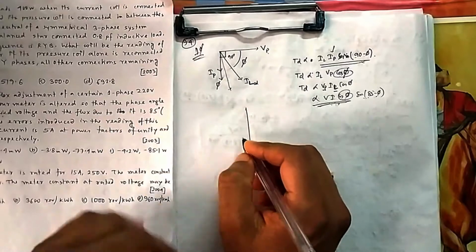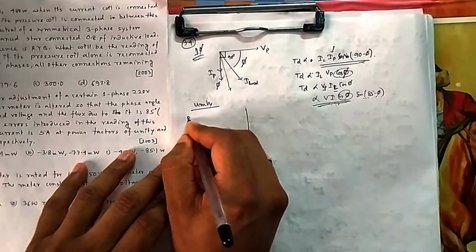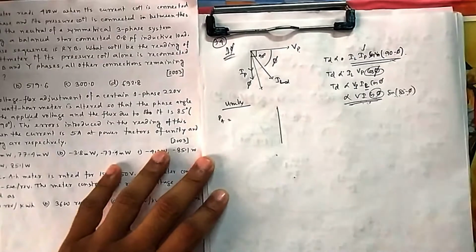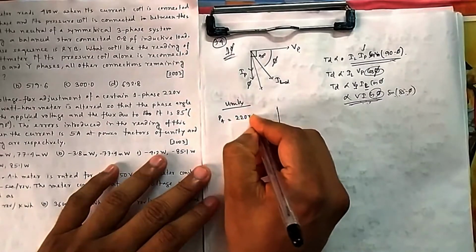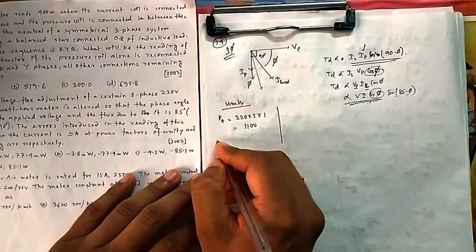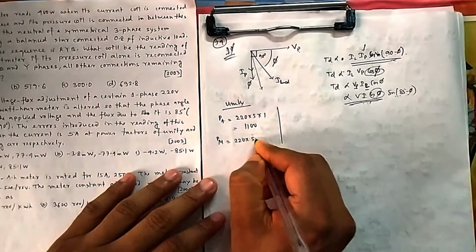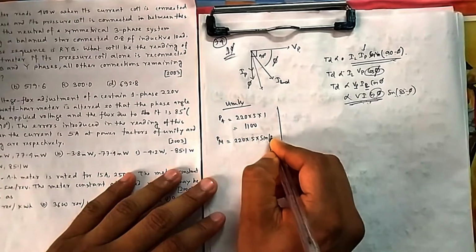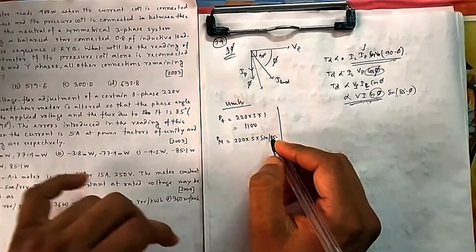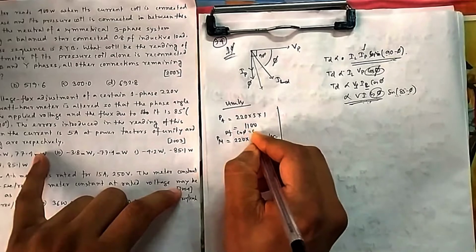So two cases. First, it is at unity power factor. If it is at unity power factor, your actual power should have been VI cos phi, cos phi is 1, so it should have been 1100. But what will your measured power be? 220 V I, then sin 85 minus phi.